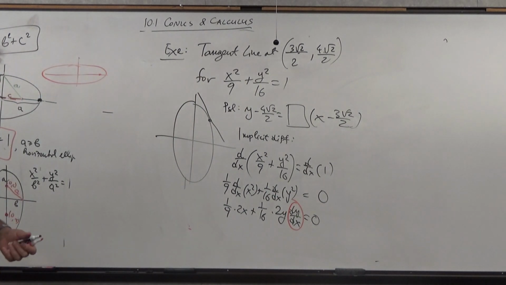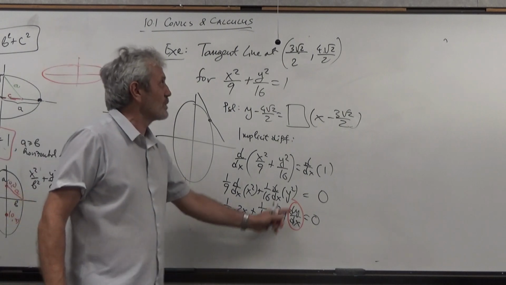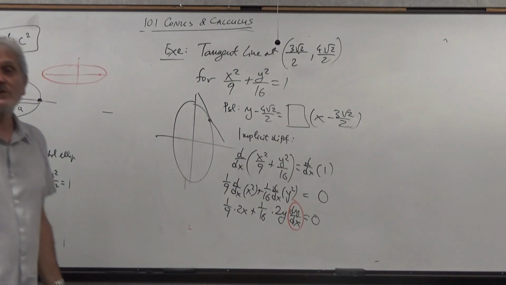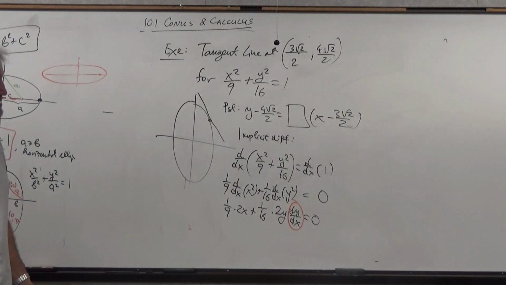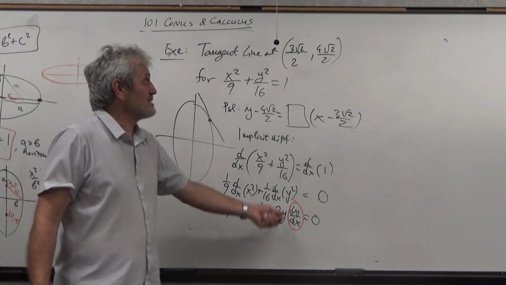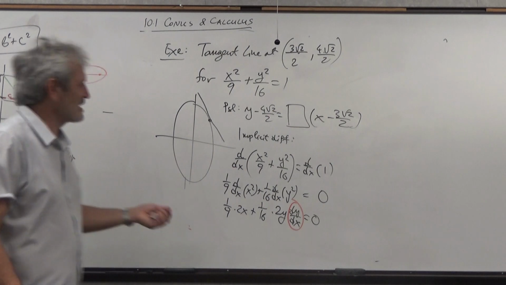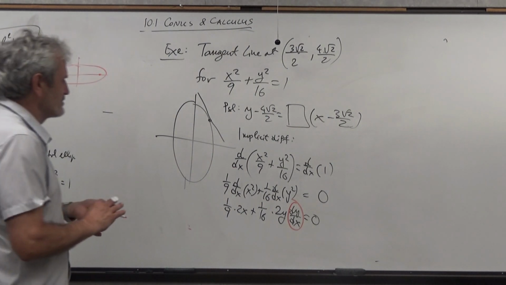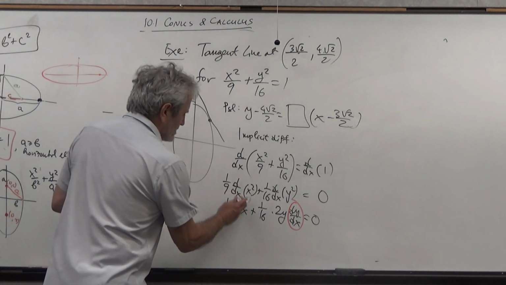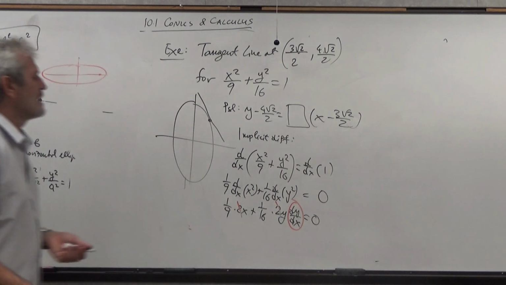So what I do very often, I say at this point, that's it, you are done with derivatives. Plug in x and y immediately so that you deal with numbers instead of letters. This time I'm not going to follow that rule, because letters are not bad, numbers are very unpleasant. So I'll keep x and y the way they are. By the way, I can divide both sides by 2 to get rid of 2's.